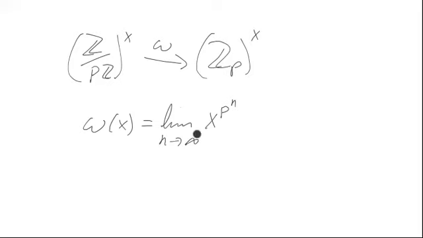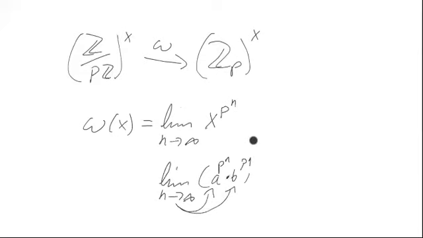We can write (a times b) to the p to the n, distribute that over, and since it's continuous, we can split the limit across the different parts of the multiplication. Then we see that this is multiplicative, just as expected. So that's an essential characteristic of this.